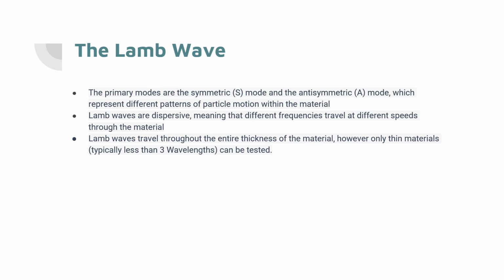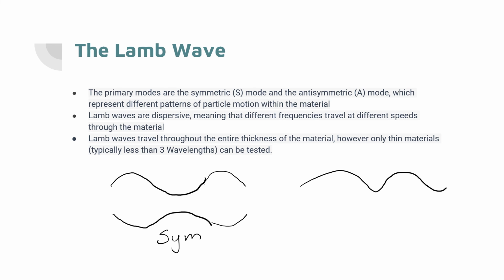So then we get the Lamb wave, and the Lamb wave has two modes of propagation. It's symmetrical and asymmetrical. So symmetrical will look a little something like this. Whereas asymmetrical will look like this.